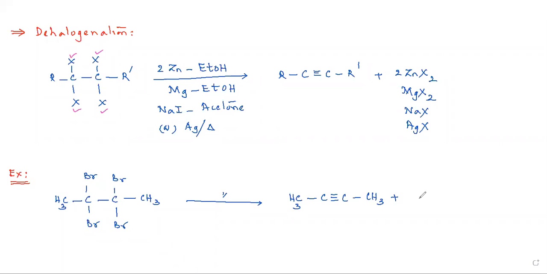That's it. You get ZnBr2. The same way it can be MgBr2 or NaBr or even silver bromide. Right? So these are the preparations of alkynes.